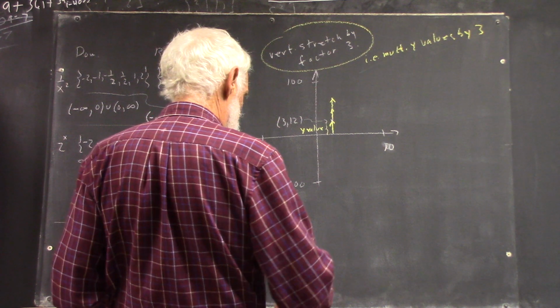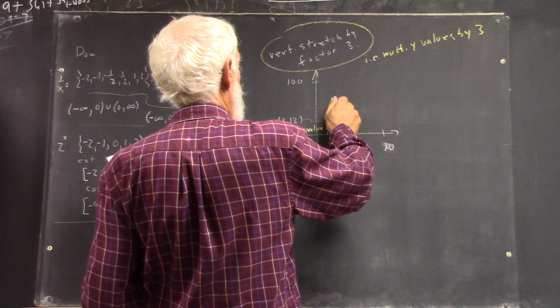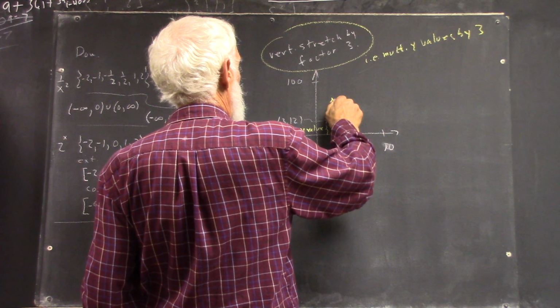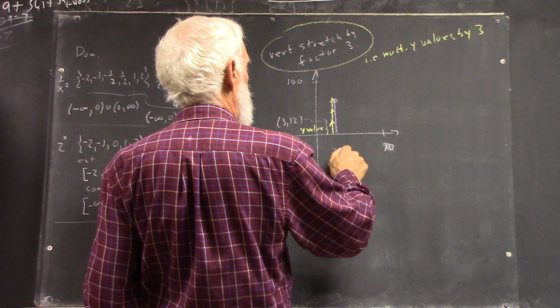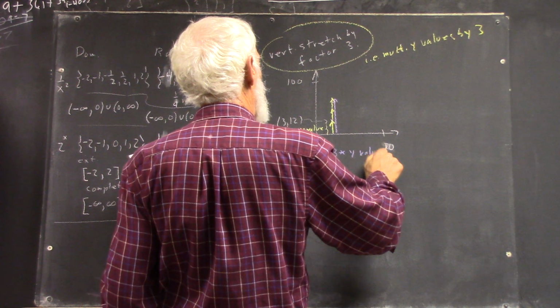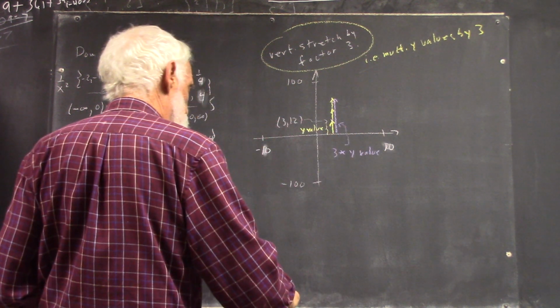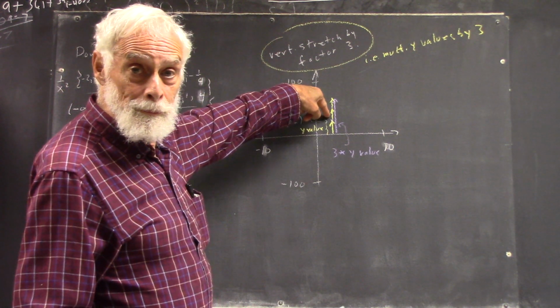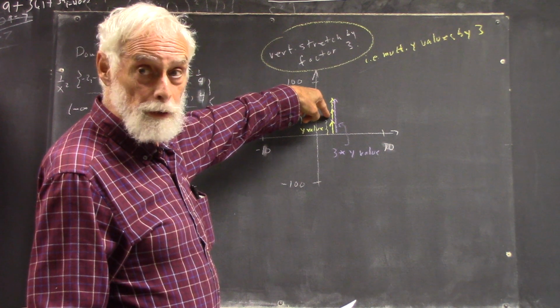And I can say that, okay, this arrow is 3 times the Y value. To get the Y value, you got to go from the x-axis to the point, vertically.